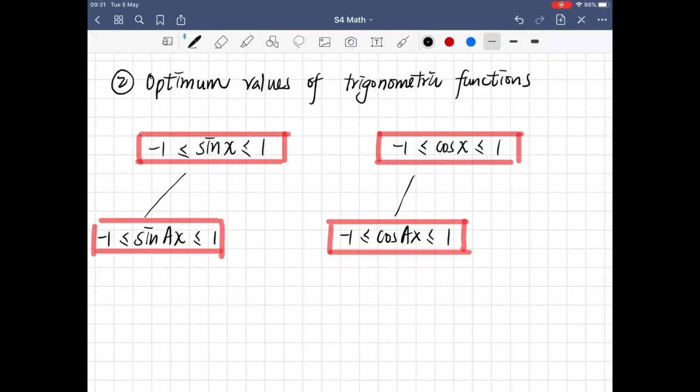Okay, and I can give you an example that is sine 2x or cosine 3x.